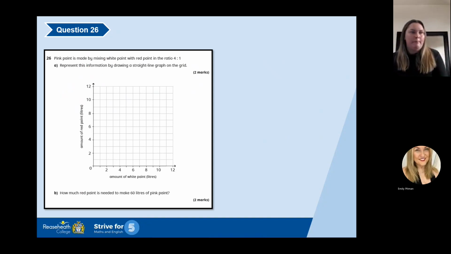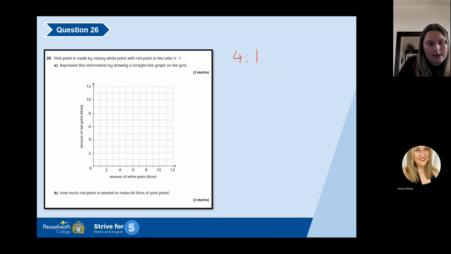Okay, pink paint is made by mixing white paint with red paint in the ratio 4:1. Represent this information by drawing a straight line graph on the grid. Okay, so first of all, I've got the 4 and I've got the 1.